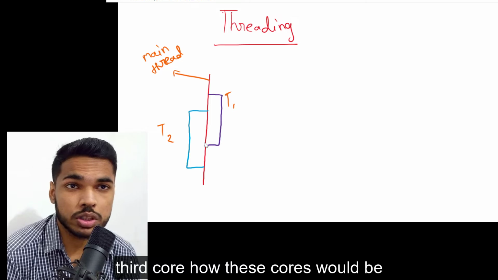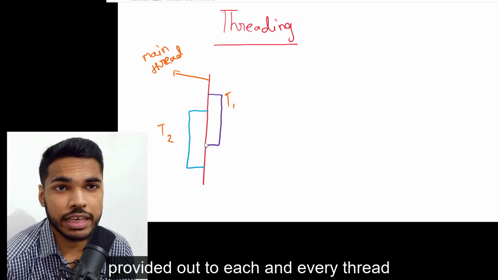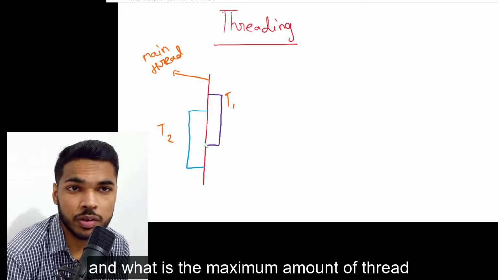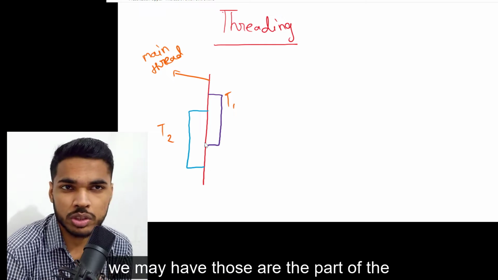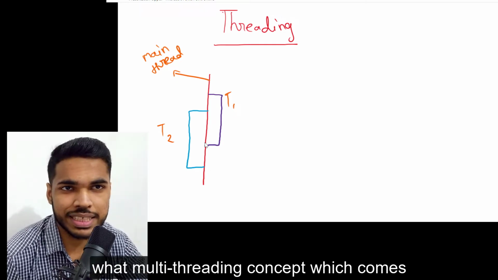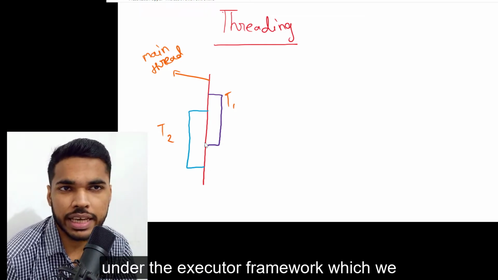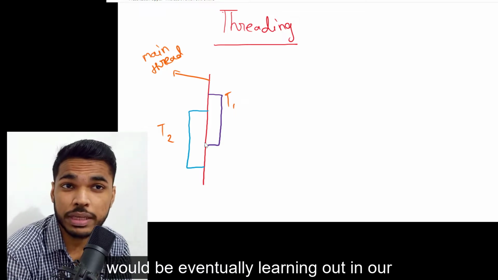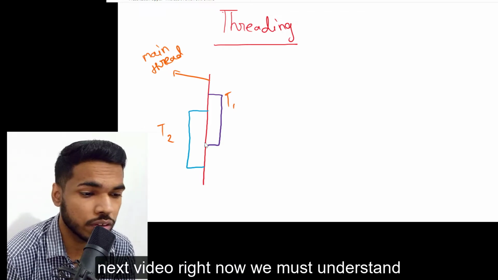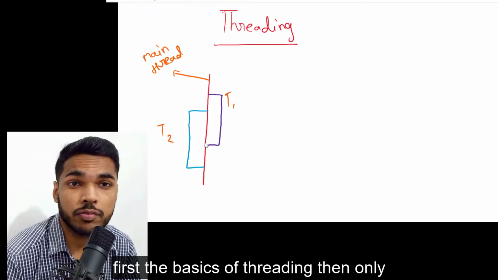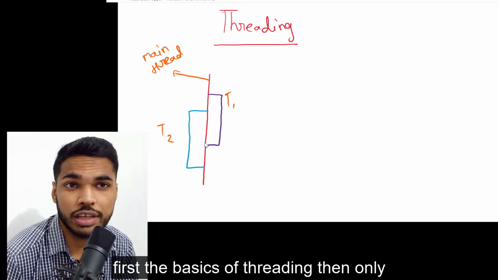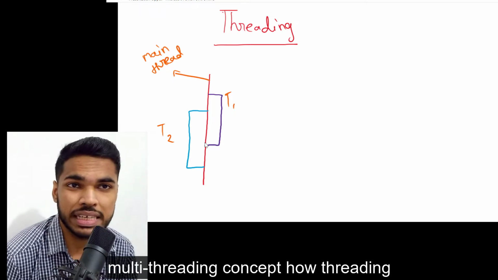How the code is provided to each thread, and what is the maximum number of threads we may have, are part of the multi-threading concept, which comes under the Executor framework, which we would be learning in our next video. Right now we must first understand the basics of threading, and only then may we jump to the multi-threading concept.